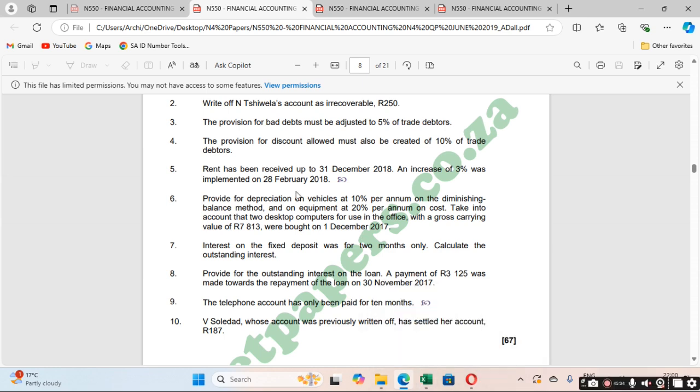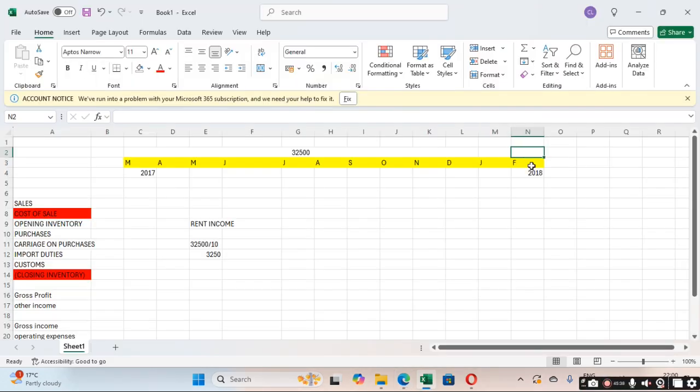I thought this increase would affect our current period. But they said on the 28th, being the last day, they implement it on the last day. So it will only start taking shape on 1 March 2018.